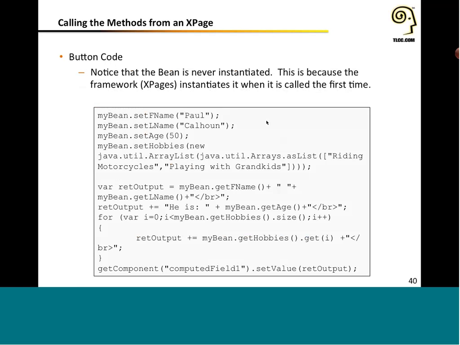When I call my bean, which is the name of the bean that I defined in the XML, as soon as I call set first name, that instantiates the bean if it doesn't already exist in memory. It executes that method, and then again, it's available based upon the scope.